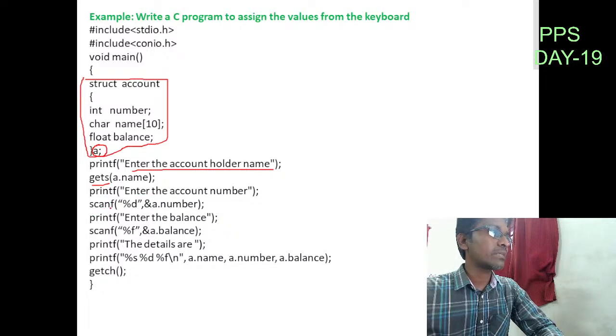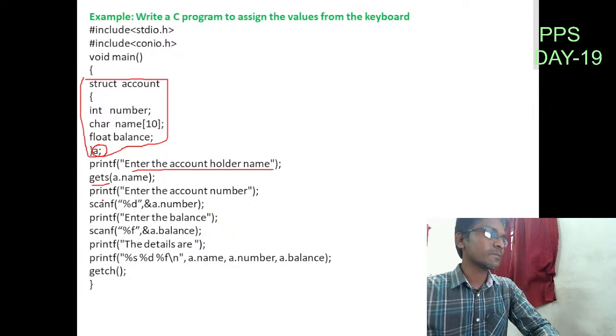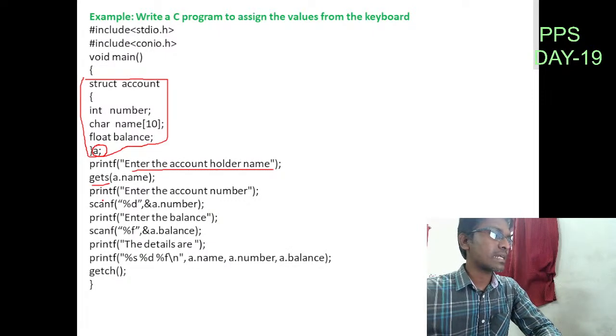This time I am using the scanf function, followed by the format string, followed by the address-of operator, the structure variable a, the dot operator, and the structure member, number. Or you can use gets also, but for reading the number you will use only the scanf function.